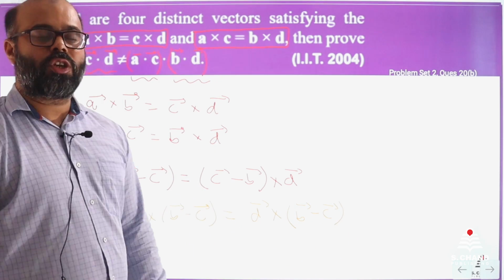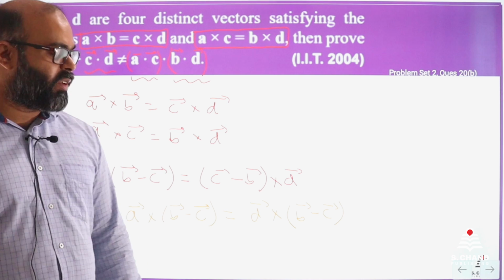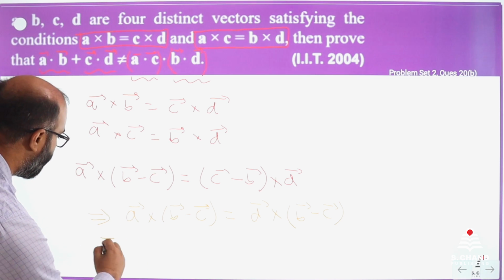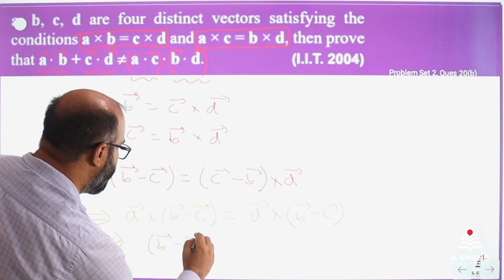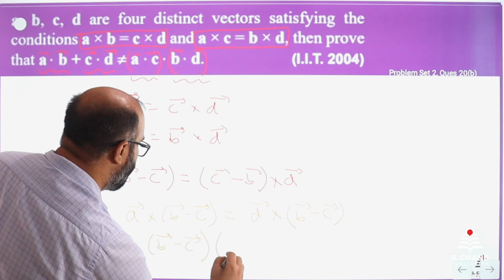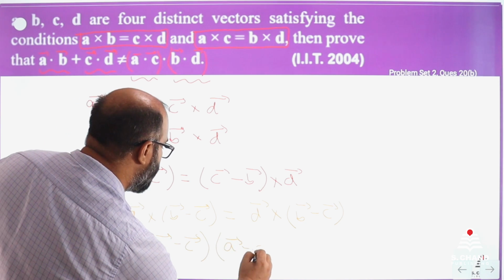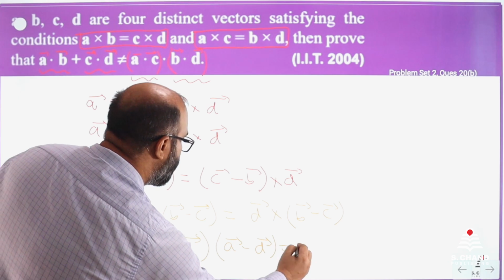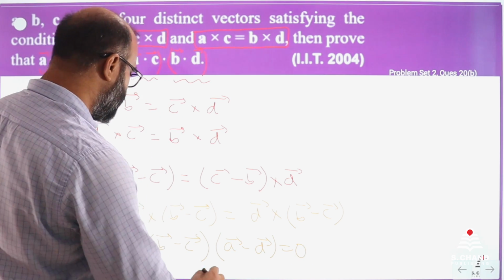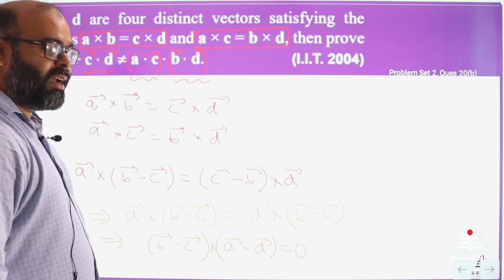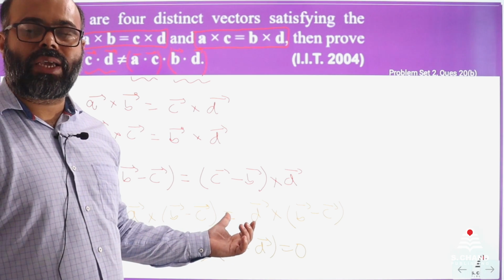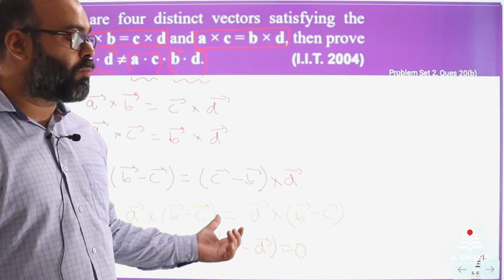As we know that a cross b is minus of b cross a, this is what will happen here. Now if we take b minus c on one side, (b minus c) cross (a minus d) is equal to 0. So this is actually a cross product here. So keep in mind when you are multiplying the vectors, whether you are taking a cross product or dot product, it is very important.